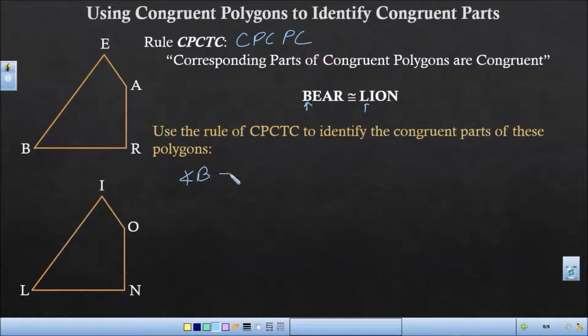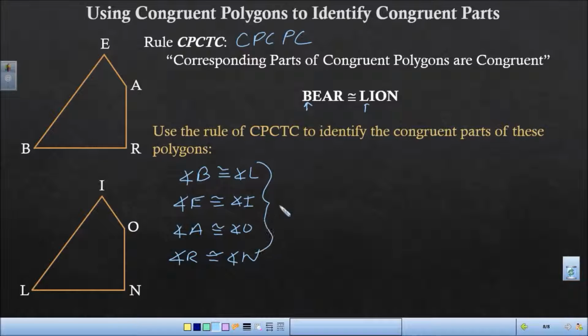Angle B is congruent to angle L. Angle E is congruent to angle I. Angle A is congruent to angle O. And angle R is congruent to angle N. And so we have derived our angle statements all by CPCPC. Corresponding parts of congruent polygons are congruent. That last one looks like an E. Let's see if I can fix that.